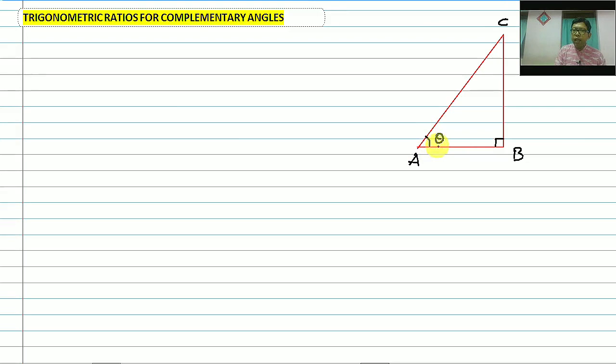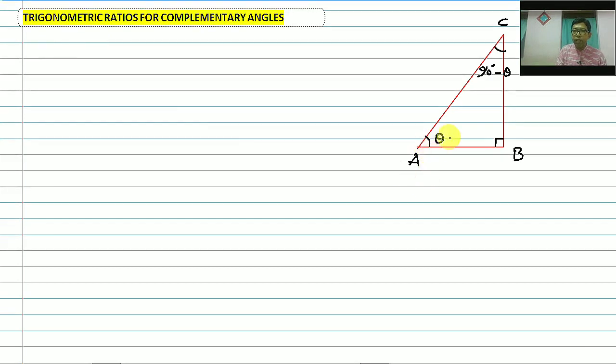Since angle A is equal to theta, obviously this angle will be the complementary angle, 90 degree minus theta, isn't it? Because 90 degree minus theta plus theta is equal to 90, and 90 plus 90 is equal to 180. This is the angle sum property of a triangle, not only a right angle triangle, but any triangle.